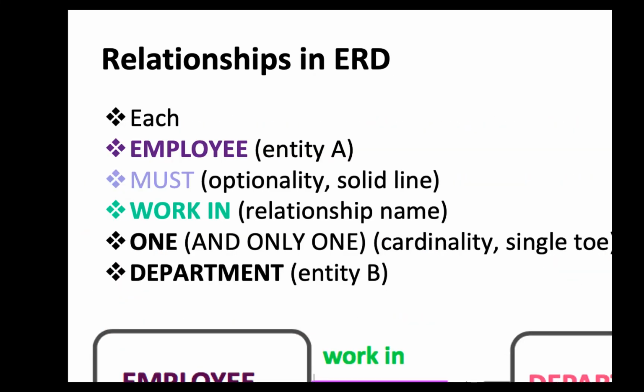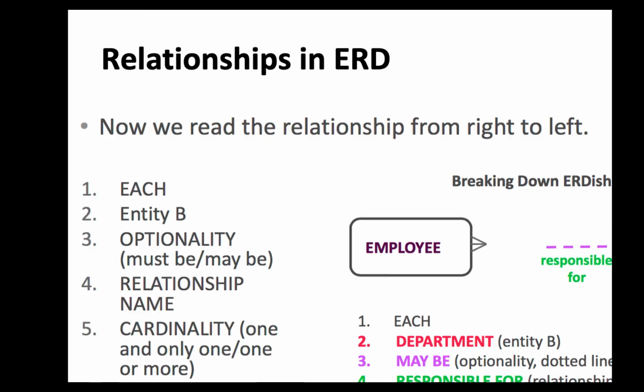And obviously I'm not connecting this yet, because when I add the department relationship with the employee, here it could be solid, it could be optional. But from left to right, this would be there. The same is the case for department. Each department may be, for may we use this dashed or dotted line, responsible for one or more employees.